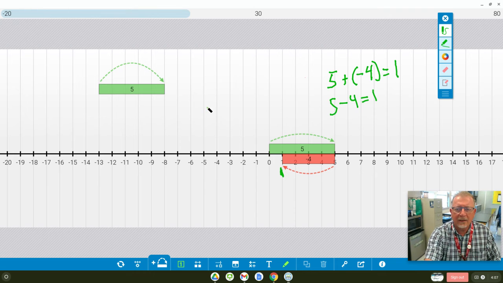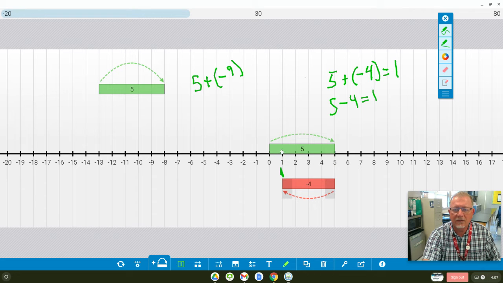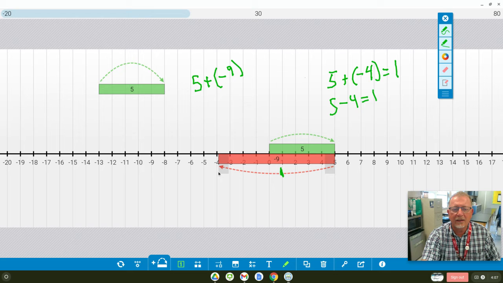Okay? What if we added a bigger negative? What if we started at 5 again, but let's say we added a negative 9 this time? 5 plus negative 9. Can we do that? Let's give it a try. So we started at 0. We went to 5. We got the 5. And now we're going to start at the 5 and go back 9.